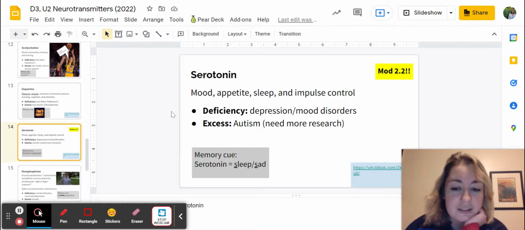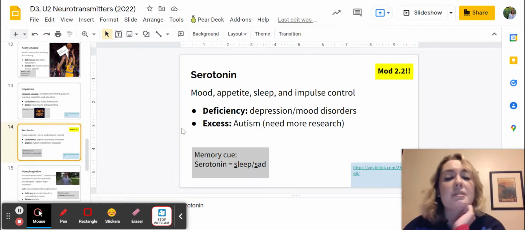Looking at excess and deficiency, if we have too little, it makes sense that depression might be a result of this. There's a really strong link between low serotonin and depression.